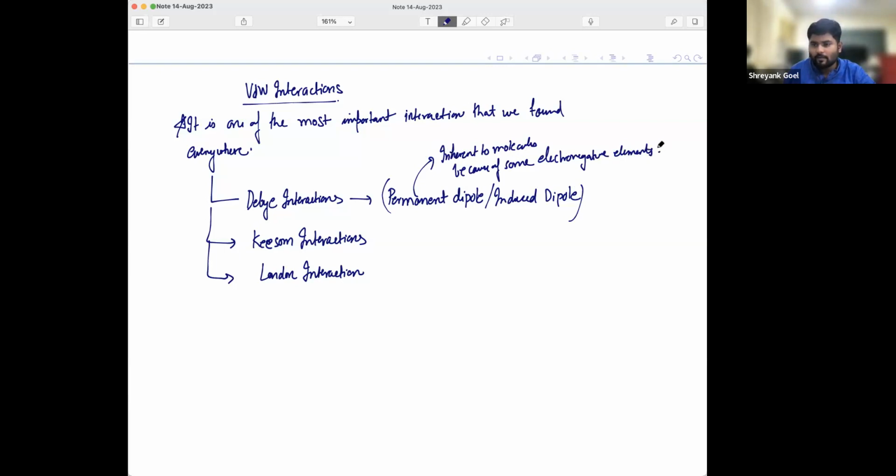I will tell you in detail about this. And induced dipoles are the dipoles that you are inducing, or there is a dipole moment due to induction. While in the case of Keesom interaction, there is an interaction between two permanent dipoles.